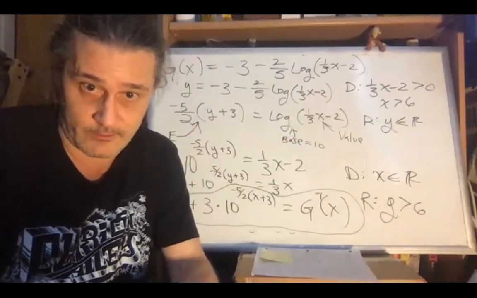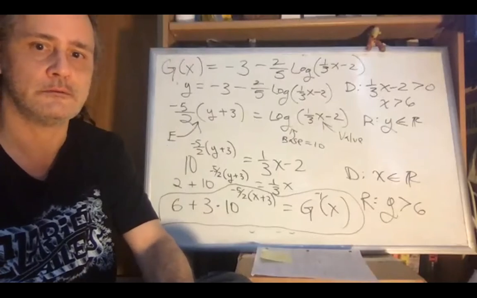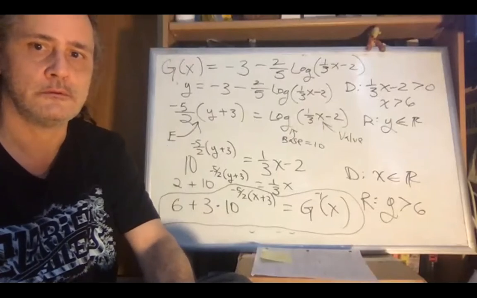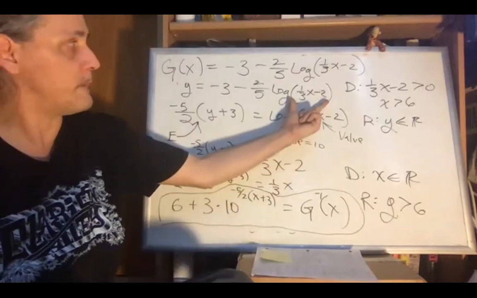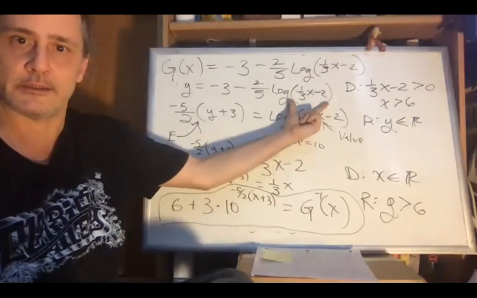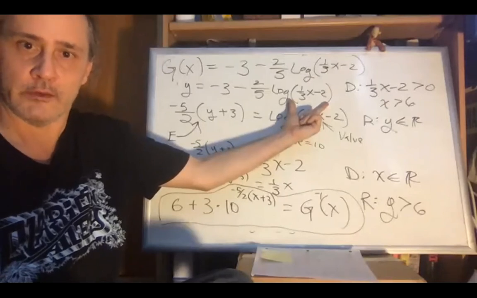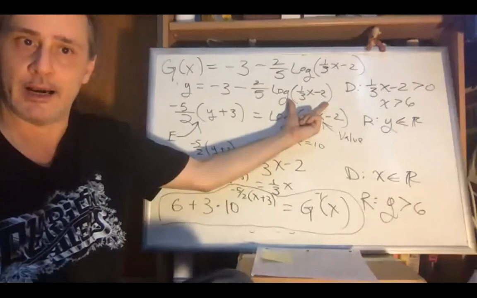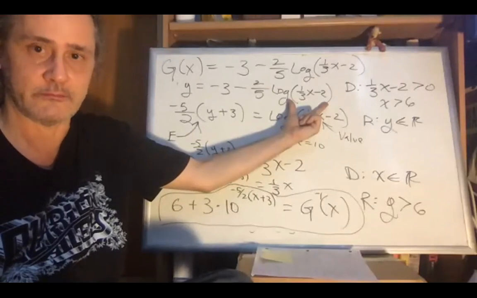Mr. Napoli, can you say one more time why it can't be less than 0? Why the value of a log can't be less than 0. Okay, because the log is going to get us an exponent, right? So if we're going to apply an exponent to a positive number, is that going to produce a negative value?